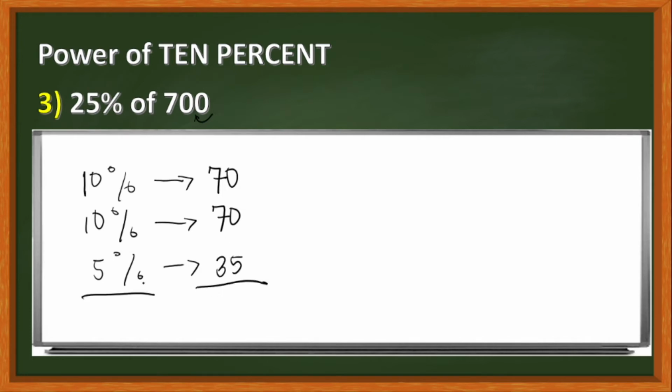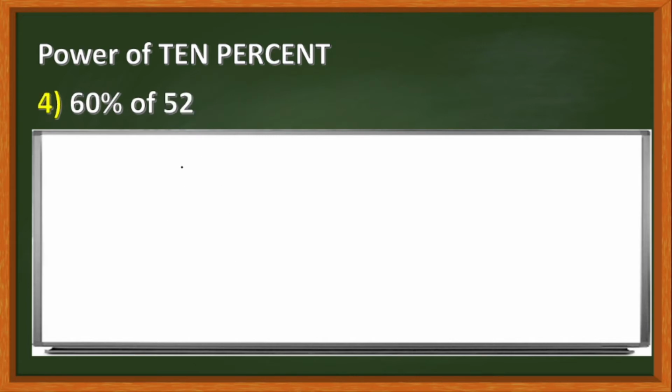So let's add both. 20 plus 5 is 25%. Then 5 plus 5, 5 plus 0 plus 0 is 5. 7 plus 7 is 14. 14 plus 3 is 17. So 25% of 700 is 175. It's very easy.